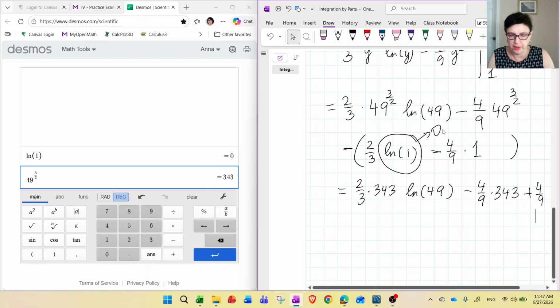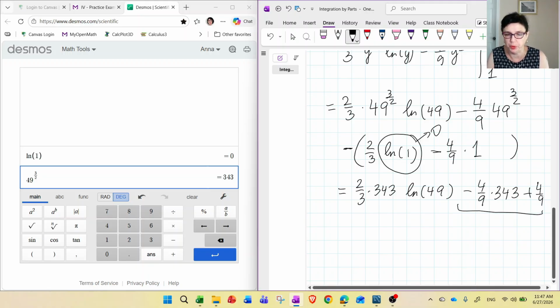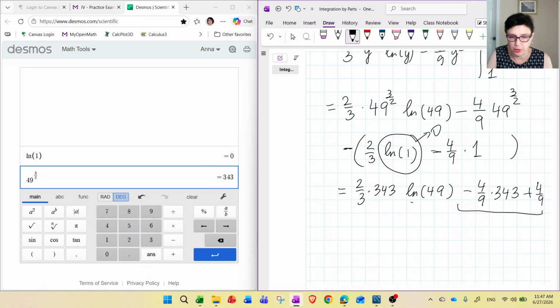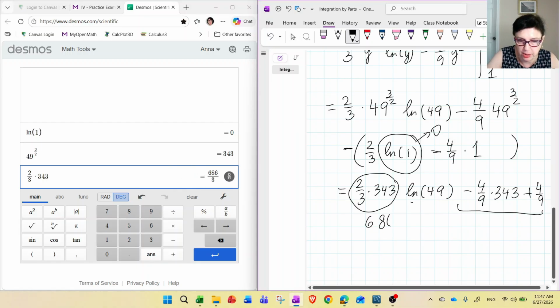So let's simplify that. First of all, natural log of 49 is a separate term. It cannot be combined with the rest. So this part we are going to compute, probably going to be some huge fraction. But here, you can't do that. The only thing you can do is just multiply and see if that turns out to be something better, which I don't think it is. So we're just going to say, okay, that's 686 over 3.